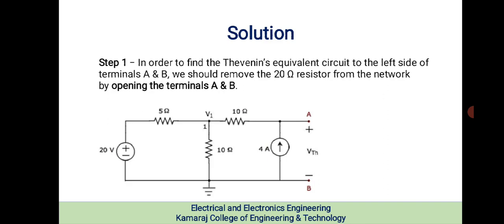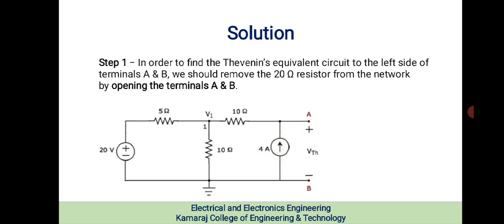Now I am going to calculate the Thevenin's voltage VTH across the A, B terminal. In this terminal I need the voltage, meaning we need to know the voltage across the 10 ohm. If we find this 10 ohm voltage, we can easily find the VTH value.